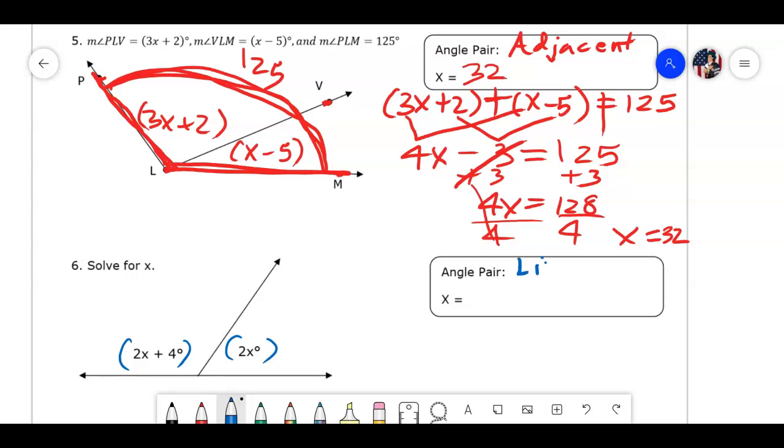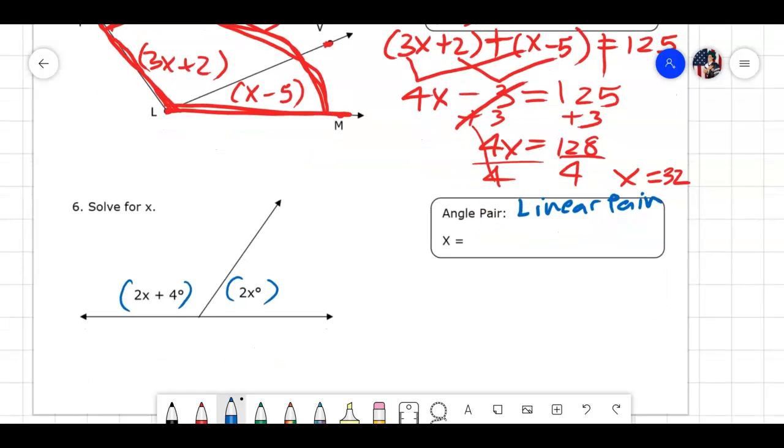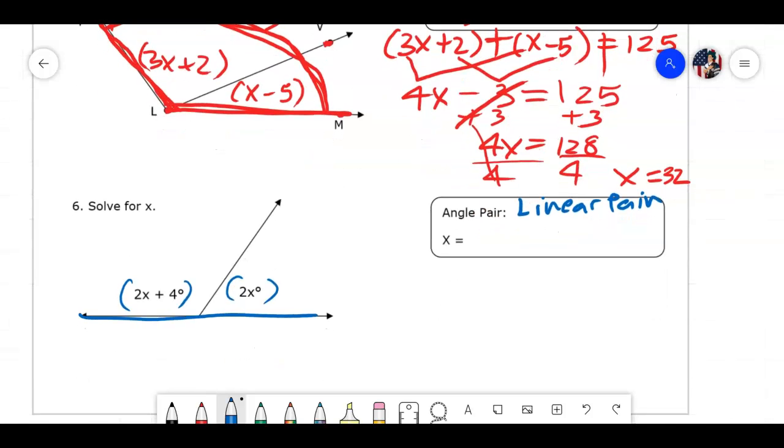Two angles that make a straight line are a linear pair. And together they make a straight line of 180 degrees. So once again, part plus part equals whole. 2x plus 4 is my first part, plus 2x is my other part, equals a straight line. The whole thing is 180.